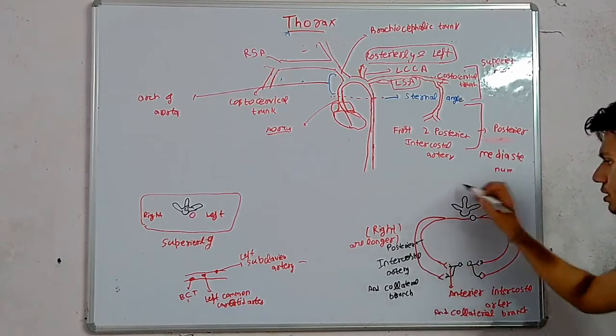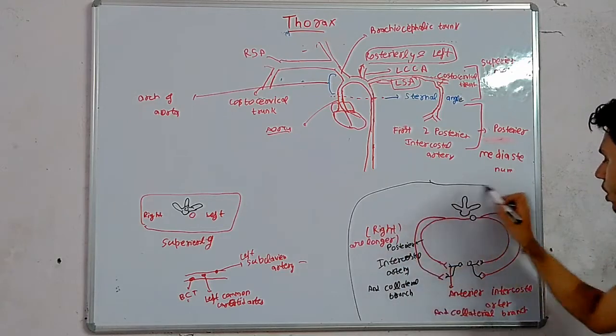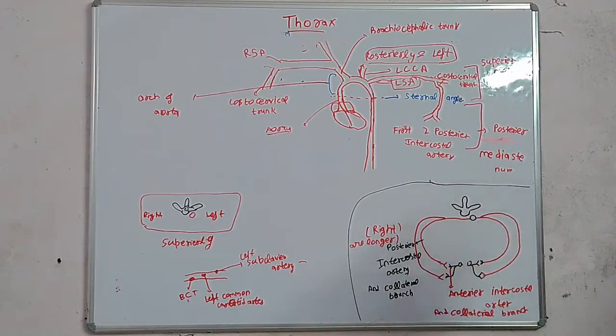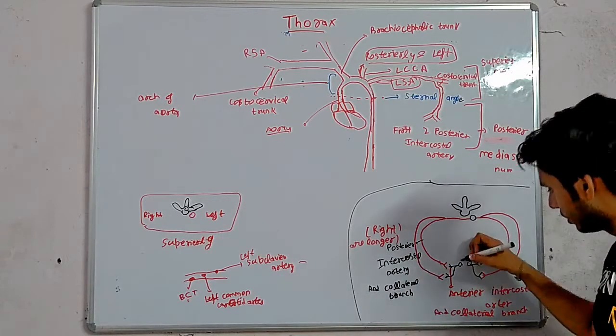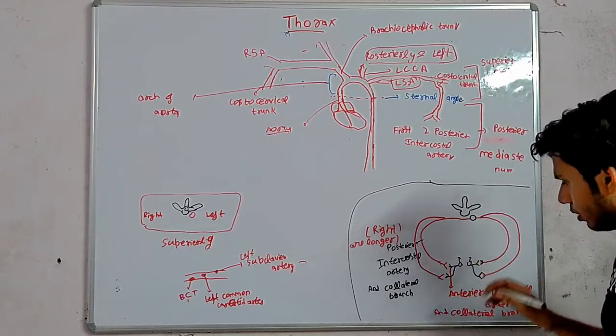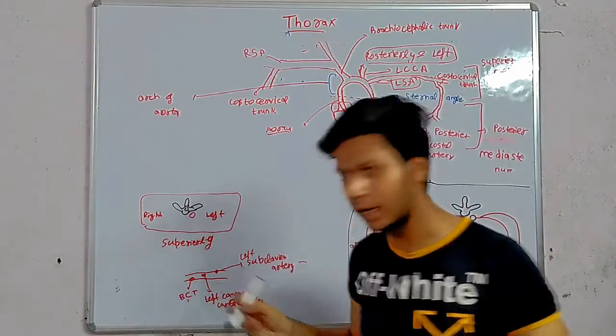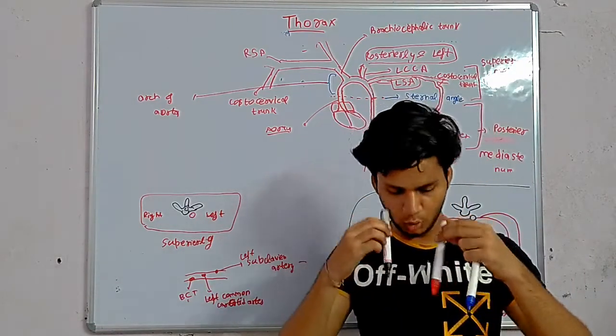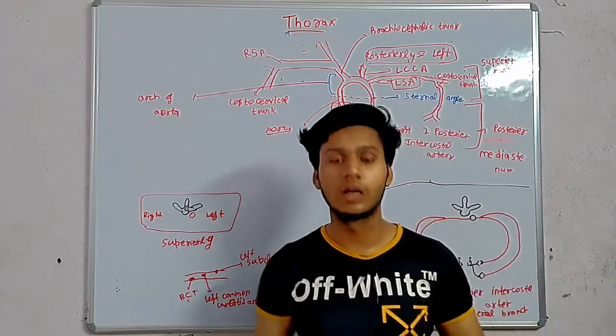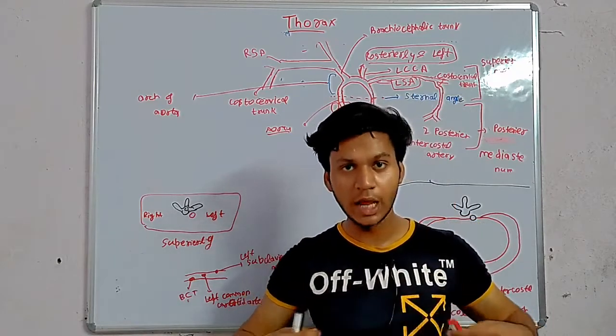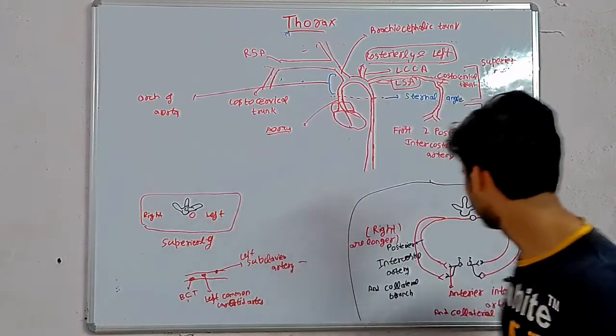Then this is the arrangement of the superior arteries. These two arteries run like this in front of the chest. Let's say this is the chest. These arteries run on the lateral side of the sternum like this and give anterior intercostal branches.